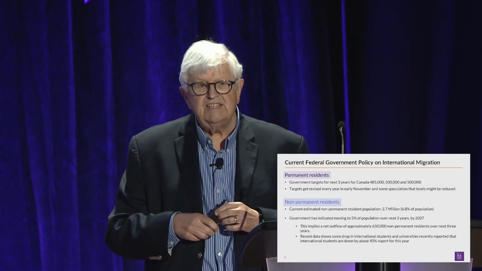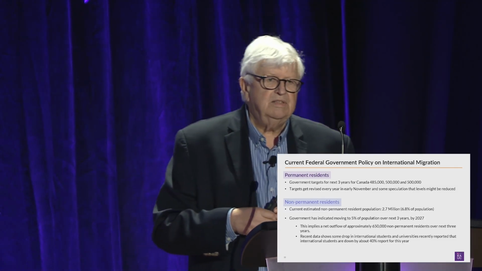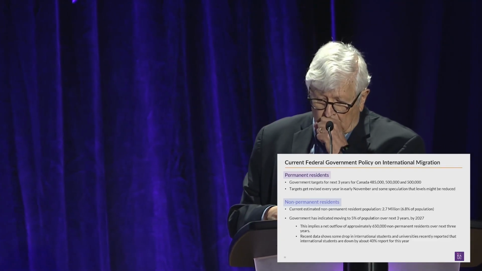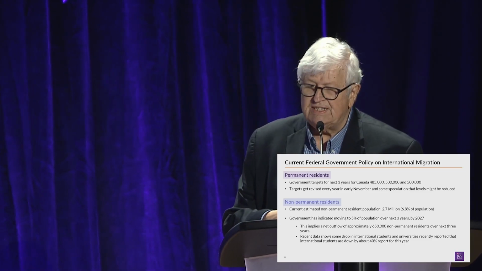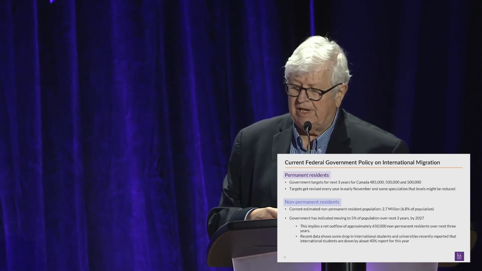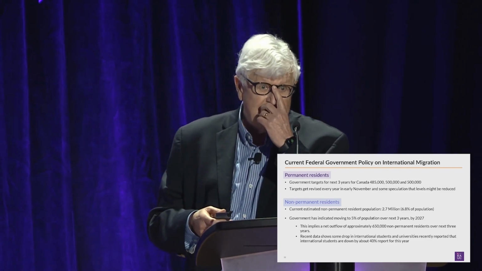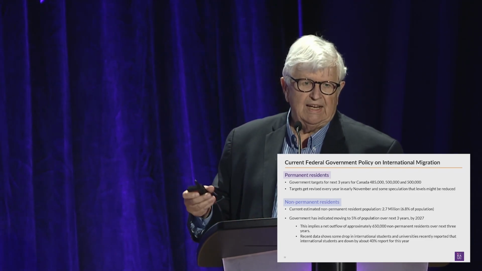We're starting to see in early data from May, June, that we have on immigration, a drop in students. And universities have reported, although we don't have firm data, that they see a 40% drop in international students. And we'll see that data reflected when we get it in the next couple of months. What that's going to mean for population growth, this is a projection we did, which built in that move to 5%.